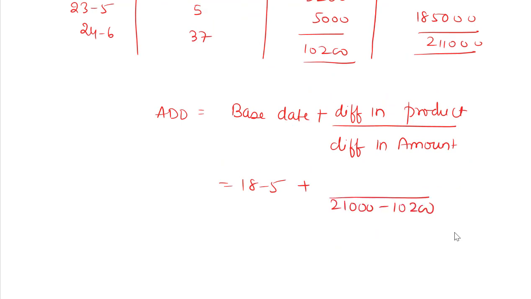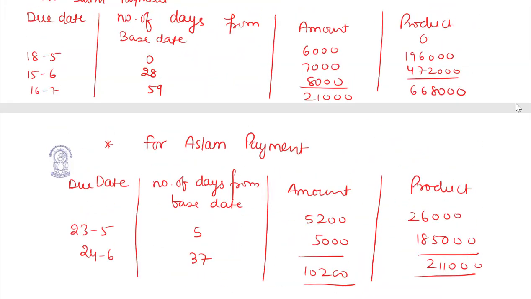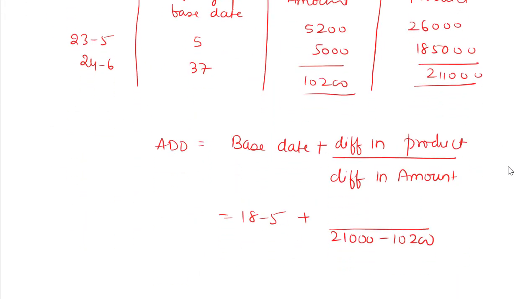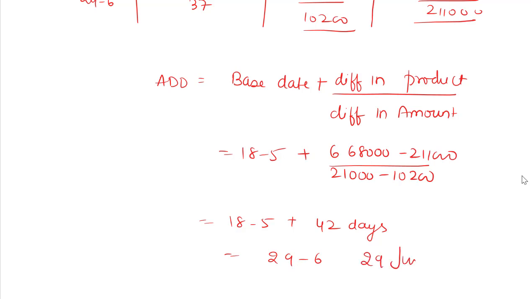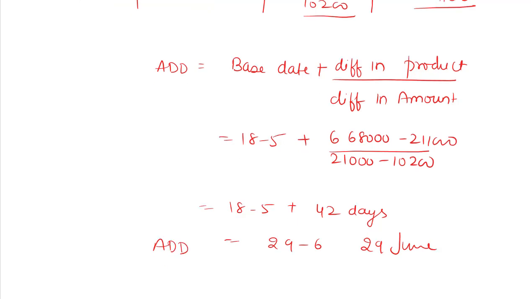So 6,68,000 minus 2,11,000. 18 May plus 42 days. It is 29 June. 29 June is the average due date.